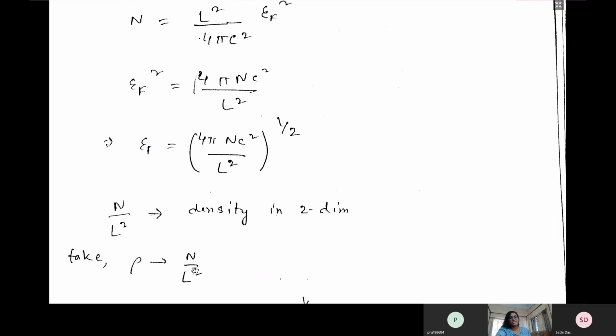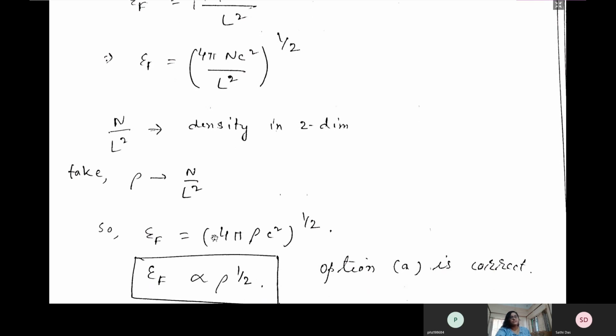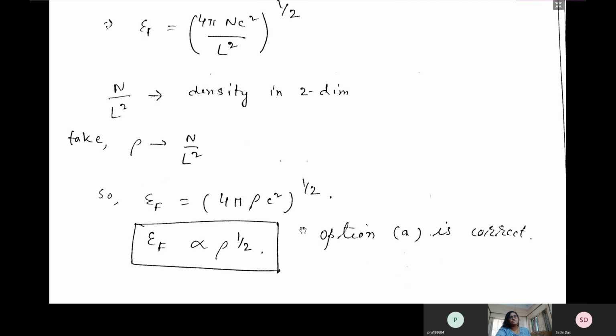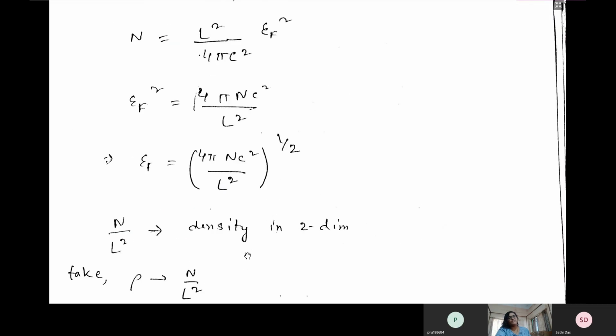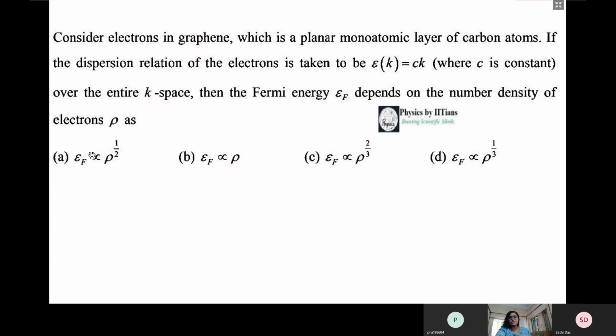So rho is here N by L square. Writing epsilon F, that is the Fermi energy, in terms of rho, you get (4 pi rho c square) whole to the power half. So the Fermi energy is proportional to rho to the power half. Okay, friends, so here epsilon F is proportional to rho to the power half. Option A is the answer.